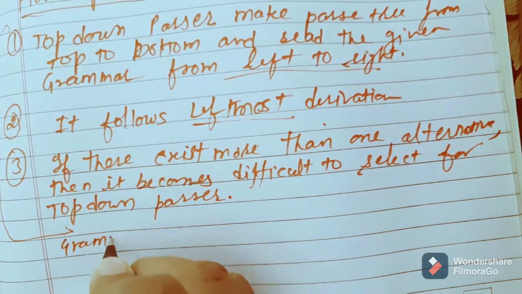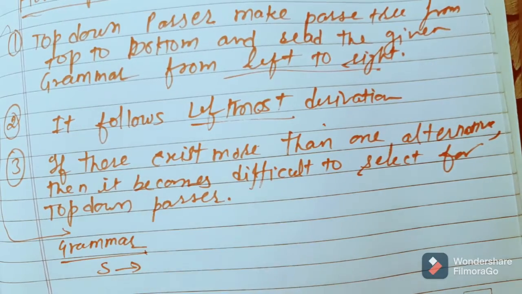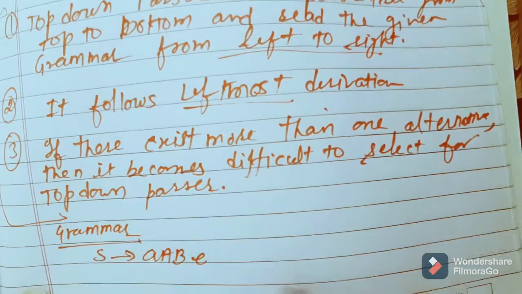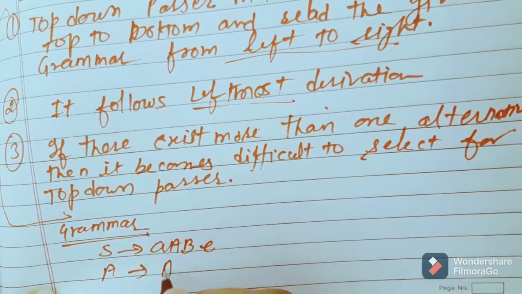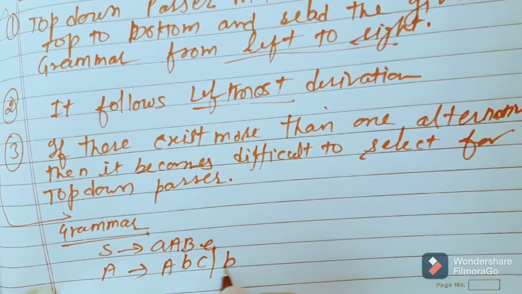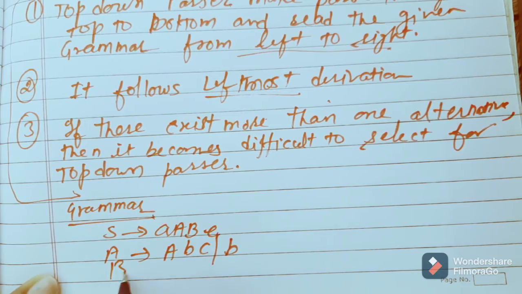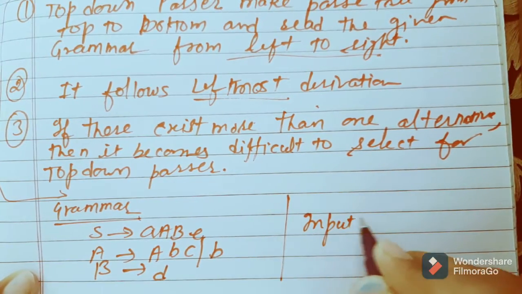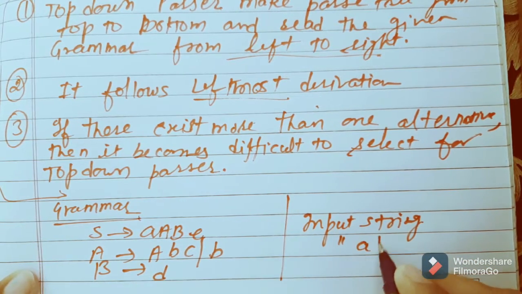Suppose for example I take a grammar, where S is the starting symbol. This is the first production, which has the starting symbol, and the second production is given here, and the third one is B tends to D, and the input string is also given.